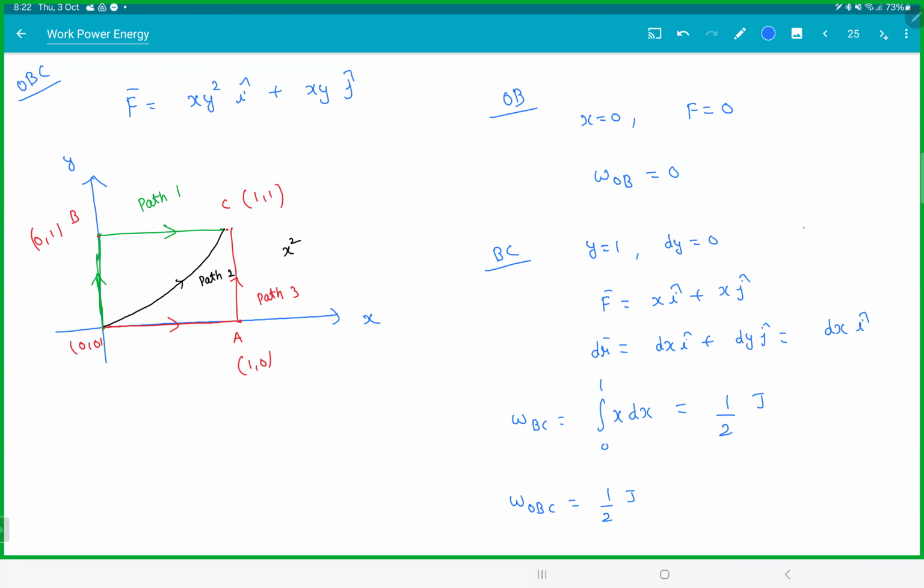You can give one path and different forces or like this. Any doubts on this? Next one.